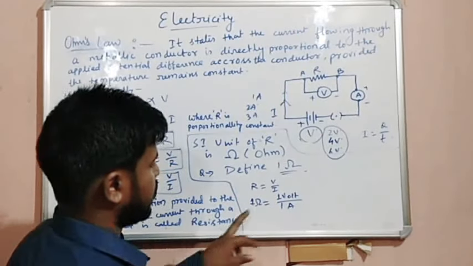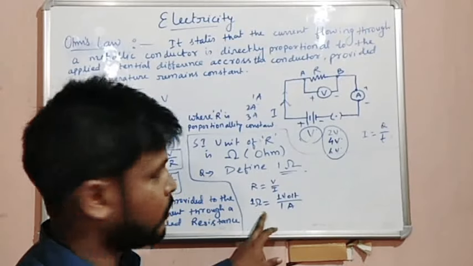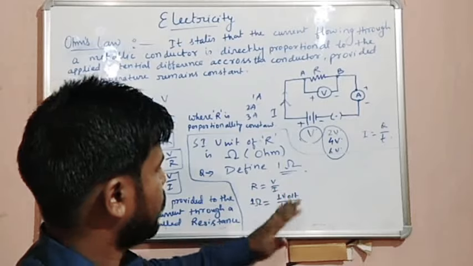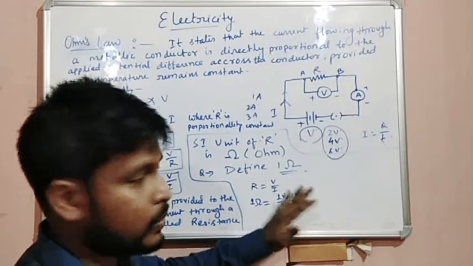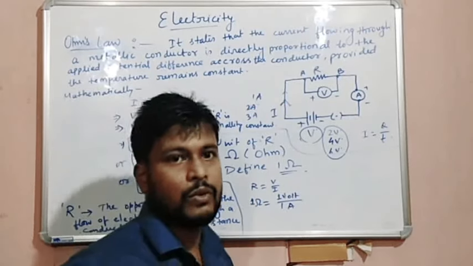Then only R will be 1 ohm. So what is 1 ohm? 1 ohm is the resistance provided when a current of 1 ampere flows through a conductor when we apply a potential difference of 1 volt.